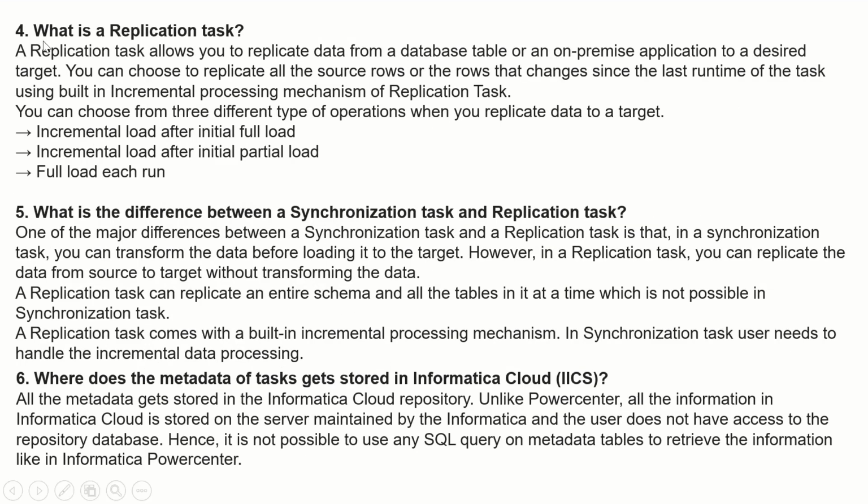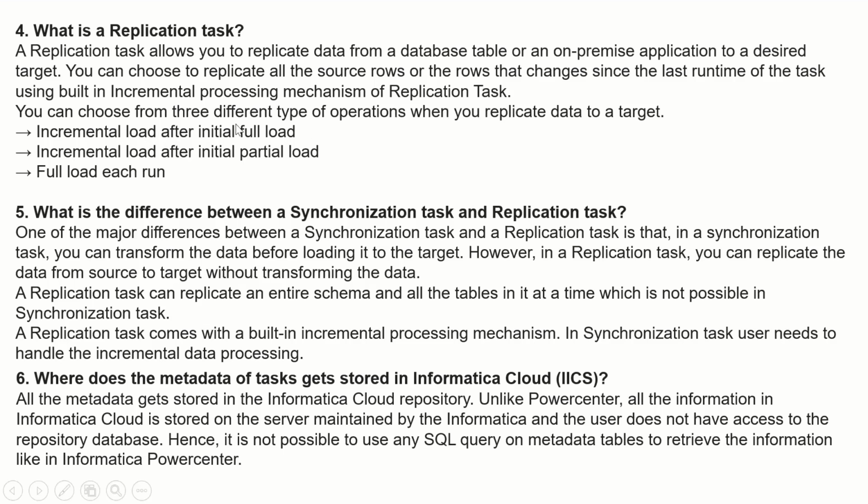The fourth question is, what is a replication task? A replication task allows you to replicate data from a database table or an on-premise application to a desired target. You can choose to replicate all the source rows or only the rows that changed since the last run of the task, using the built-in incremental processing mechanism of the replication task.